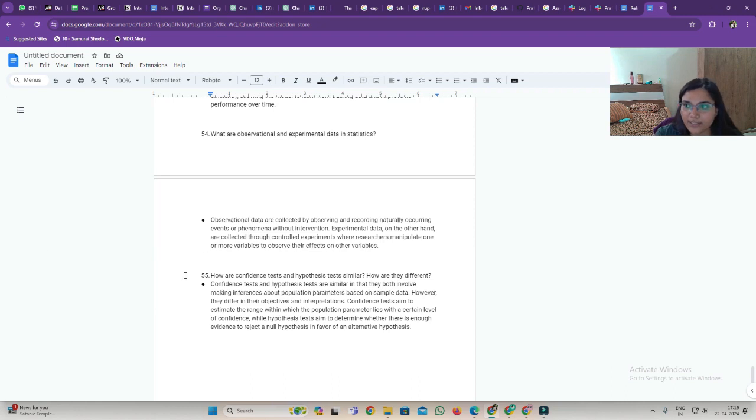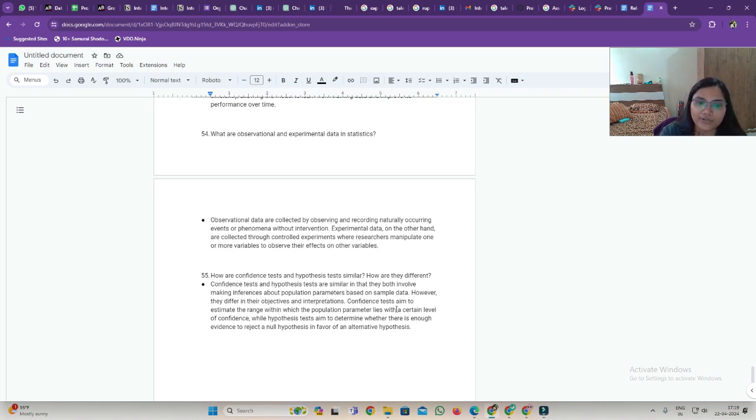And at last, how are confidence tests and hypothesis tests similar? How are they different? Confidence tests and hypothesis tests are similar in that they both involve making inferences about the population parameter based on sample data.